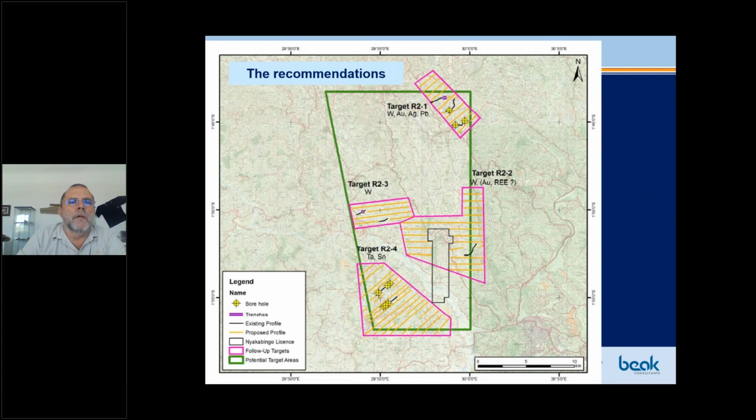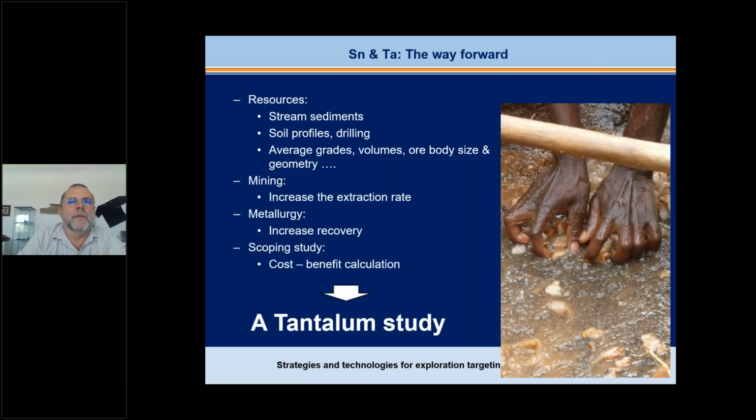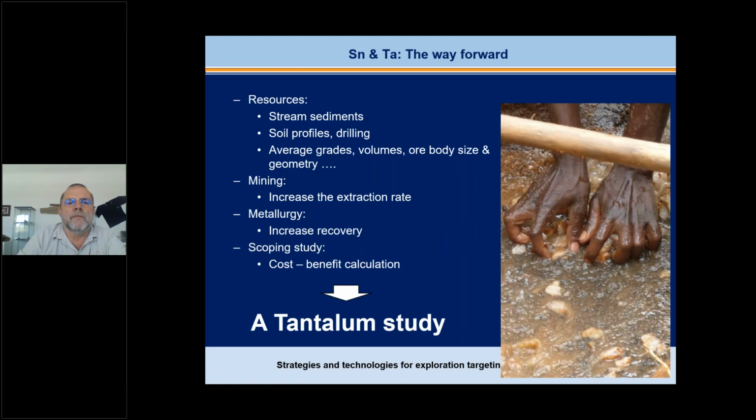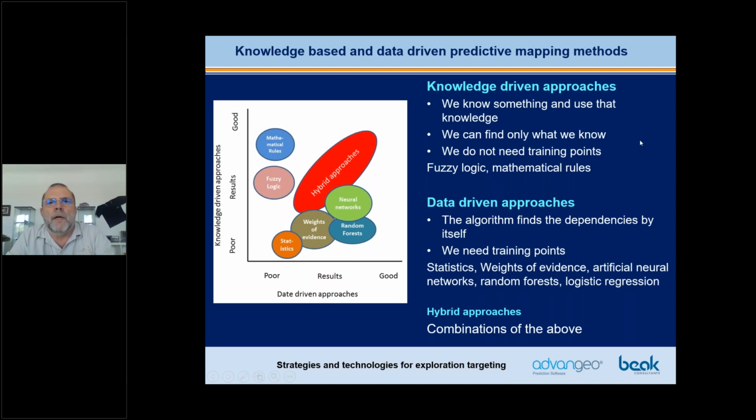So, but now about another mineral, tungsten. But before I want to come to the issue of data processing. Till now, we have only made a very, very simple data processing using just the absolute values of the elements or the ratios of the elements to evaluate targets.